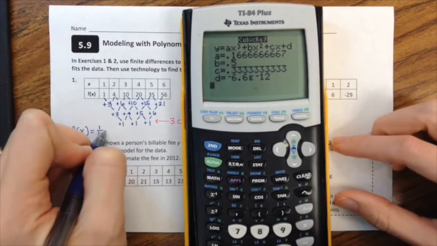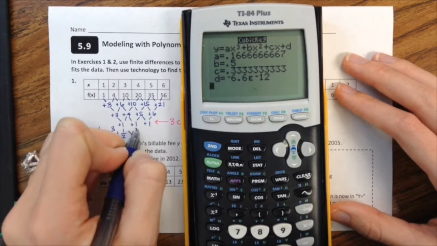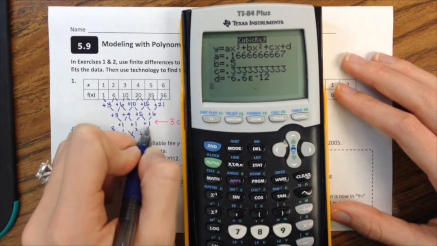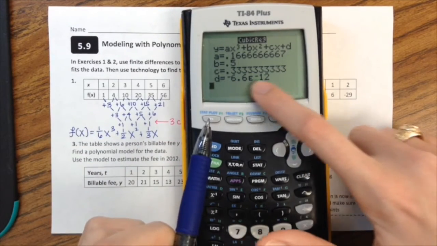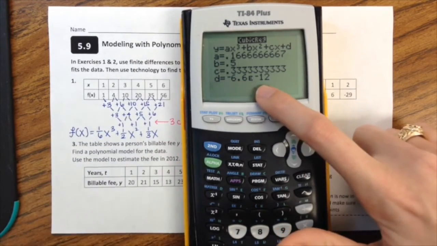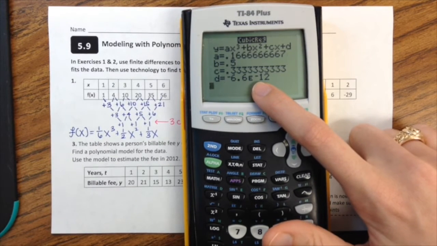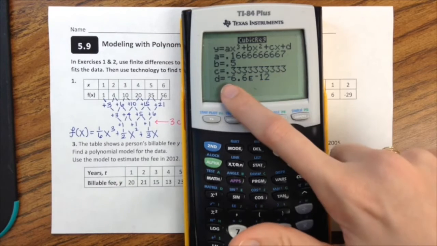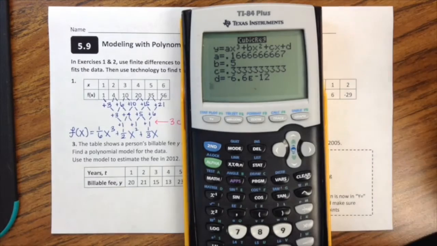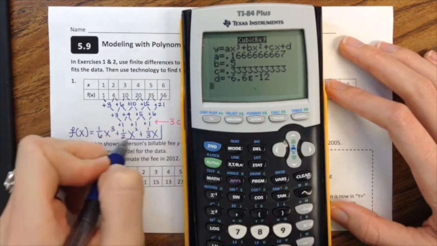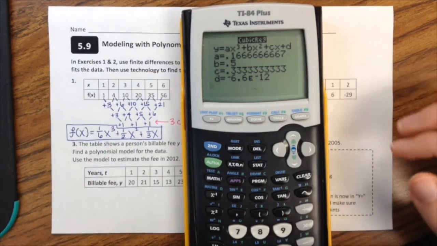But 1/6 x cubed plus 1/2 x squared plus 1/3 x, and then for the constant, it gives you a really small number in scientific notation. If you think back to when we were graphing and trying to find intersections, and I told you when you got a number that was a really small scientific notation, that just means 0. So I'm not even going to write it because it's just 0.